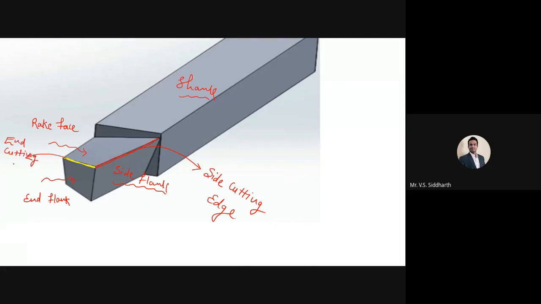And cutting edge. Now we have also discussed one point, that where these three surfaces meet, which are the rake face, the side flank, and the end flank, these three surfaces meet at a point, this point.